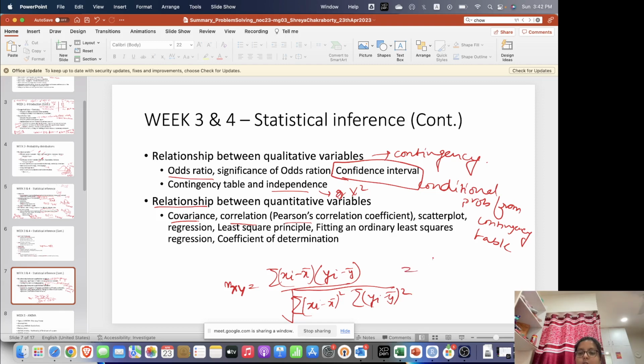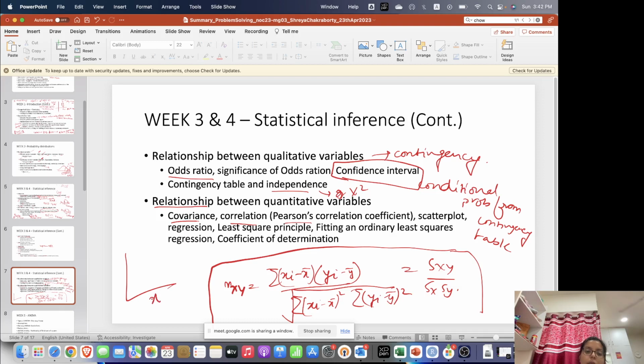Okay, Sxy by Sx Sy. This would be the Pearson's correlation coefficient. We also learned how to visualize relationship from a scatter plot. So we plot x and y, and then graphically we can assess what relationship probably the two variables have.